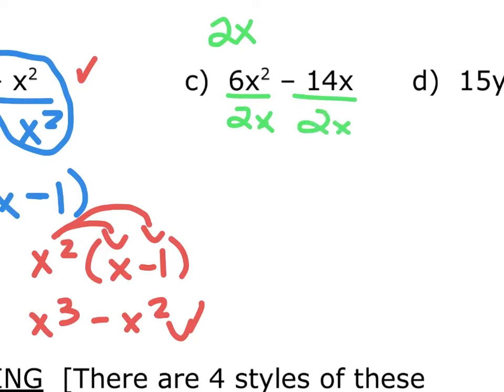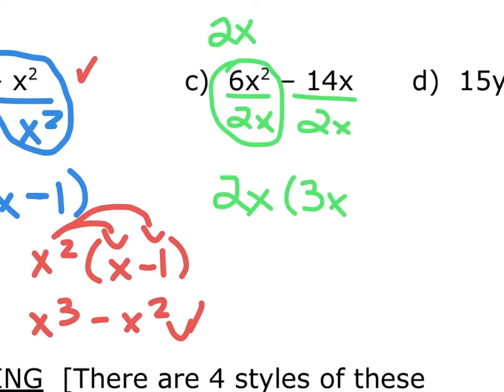You put that out in front of the brackets. So 6x squared divided by 2x is 3x. And then negative 14x divided by 2x is negative 7. And that's as far as you can go. Okay? You can't do anything else. So that is your final answer.